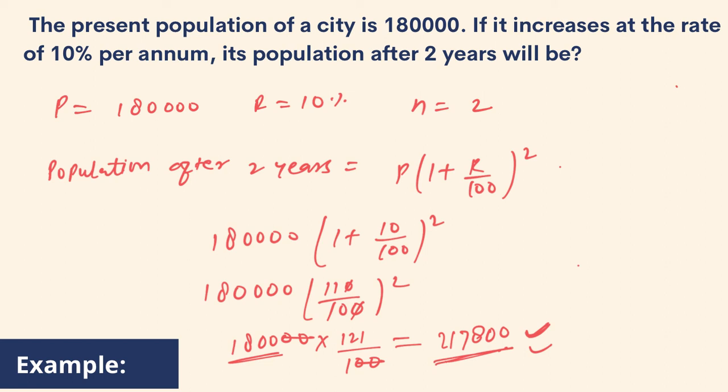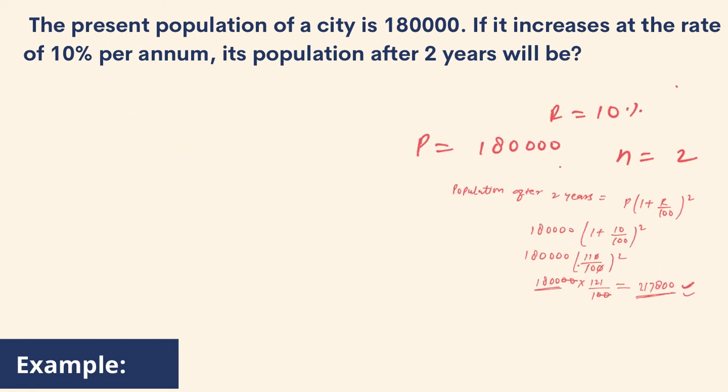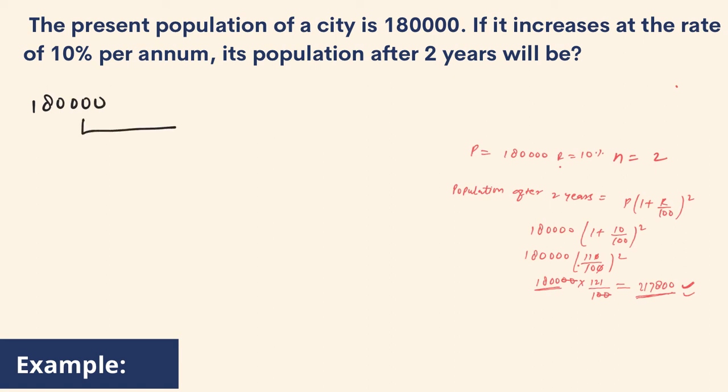Now we will solve without using the formula. The example is saying that the present population is 1,80,000, and it is continuously increasing 10% per annum. So this is after 1 year, or after 2 years the population will be this. So I can use my successive percentage formula, right?